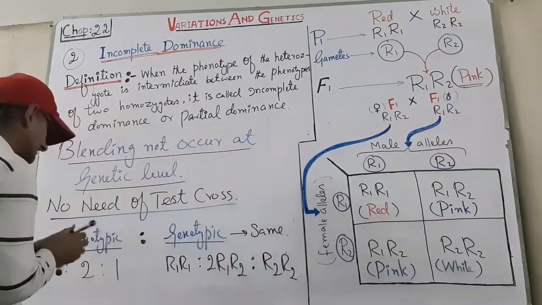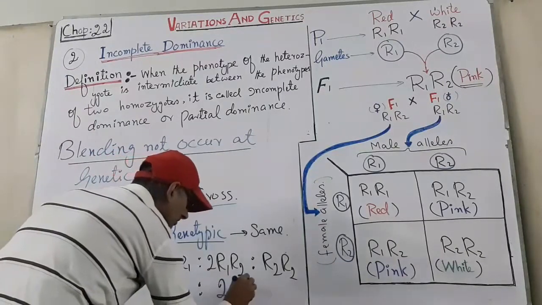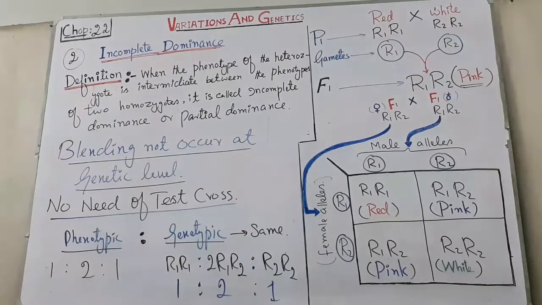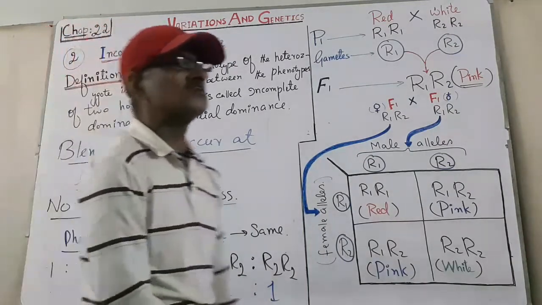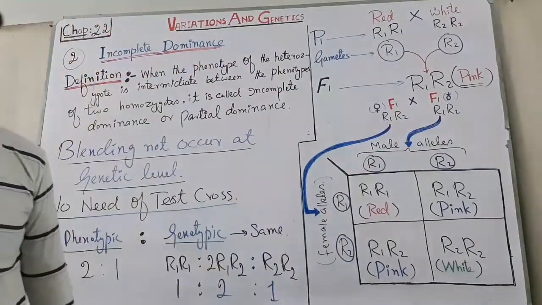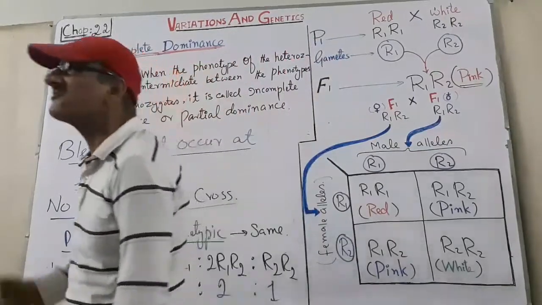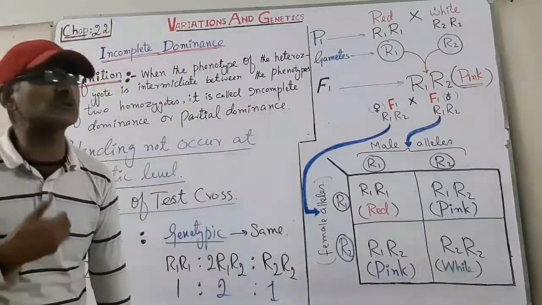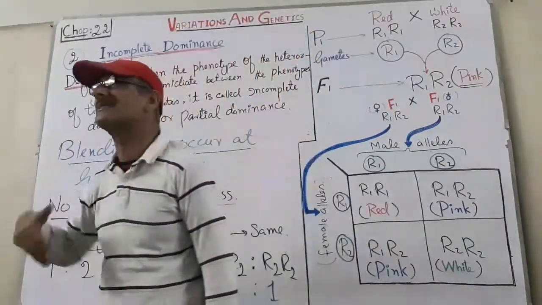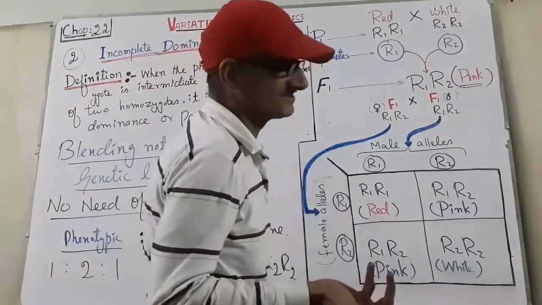In this case, the ratio is again 1:2:1. And so the genotypic ratio and phenotypic ratio are the same. So we have no need of the test cross. But in case of dominance, we have studied that the phenotypic ratio and the genotypic ratio were different, and so in that case, we needed the test cross.